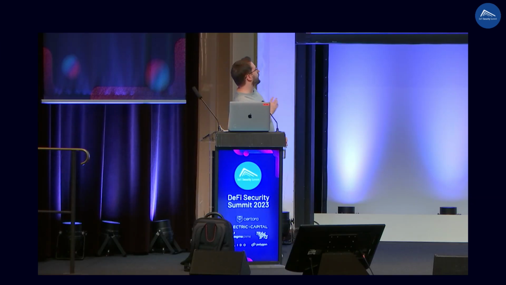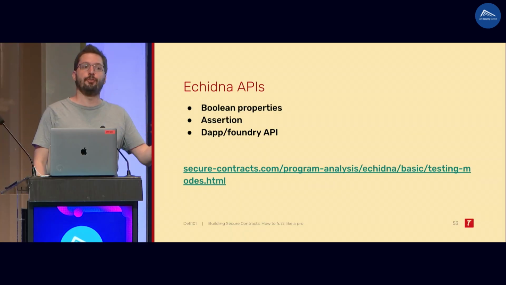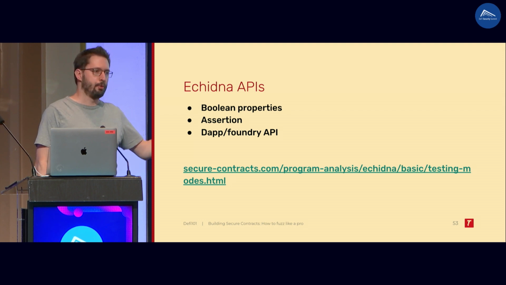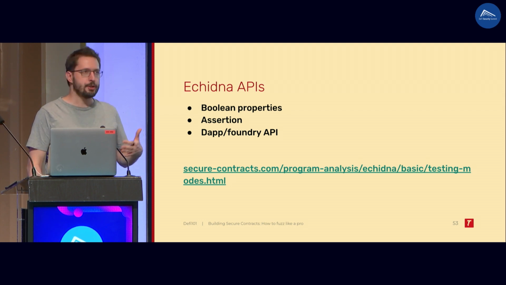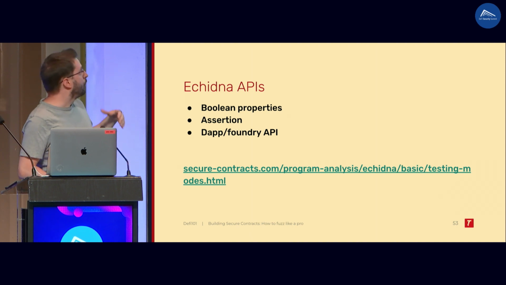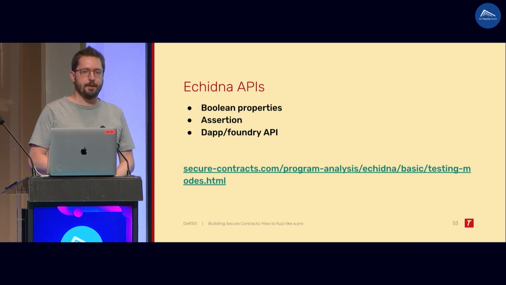I have hinted a bit at the assertion mode. In Echidna, we have what we call the API, and there are 3 ways to define invariants. We have the Boolean properties that we saw with the first exercise, the assertions that we quickly saw with the previous slide, and we also support the DApp Foundry API.